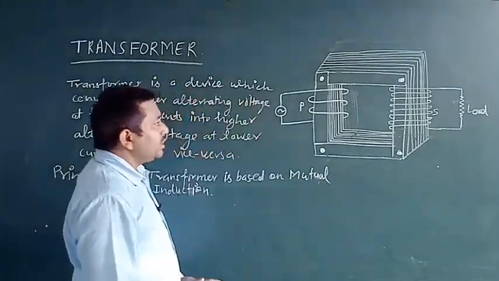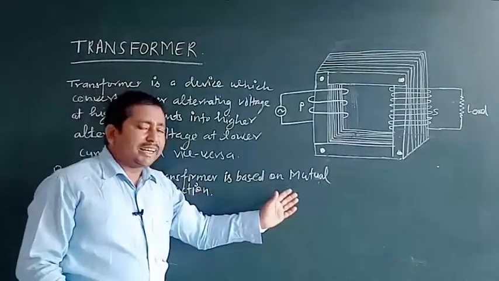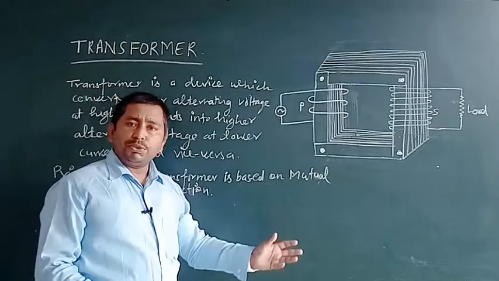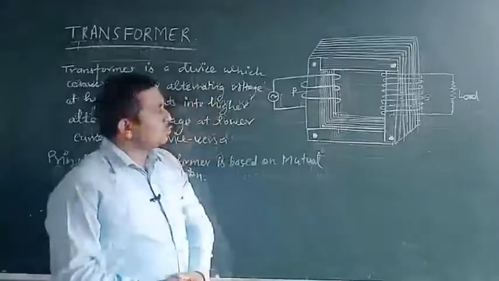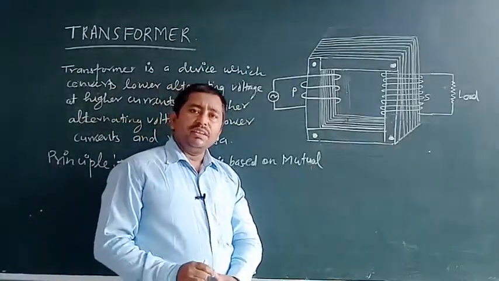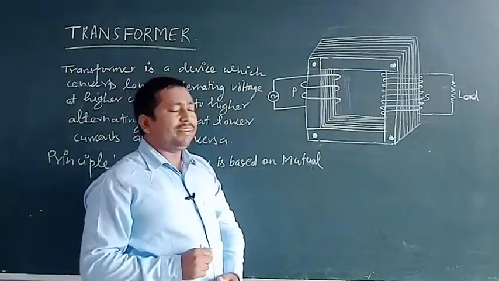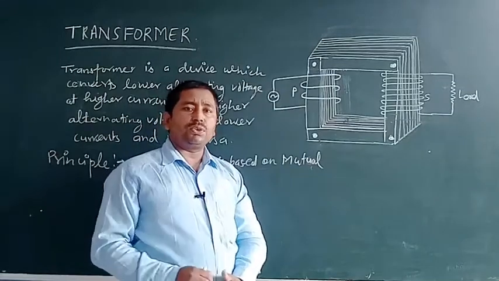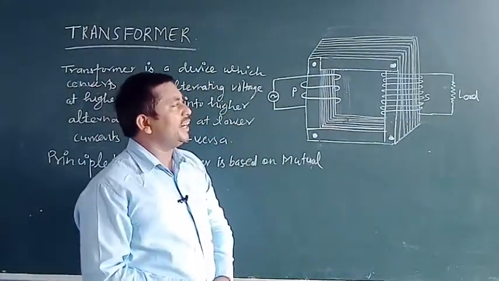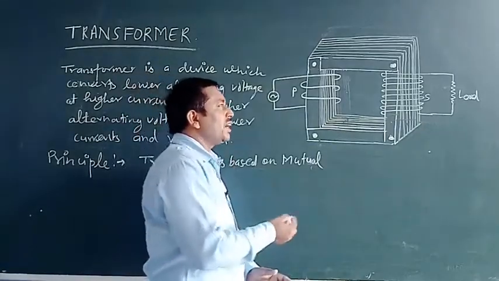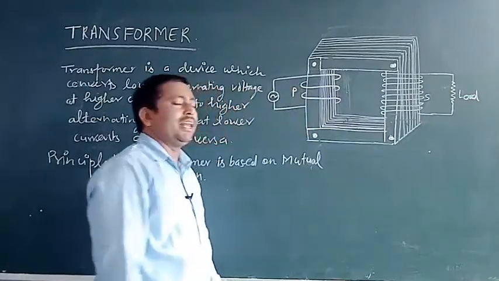And the principle of the transformer is mutual inductance. What is mutual inductance? You know it very well. Two different coils, and if there is a variable current flowing through one coil, then there is a flux linkage to the secondary coil, and due to the variation in the flux linkage to the secondary coil, there is an induced EMF across the coil.